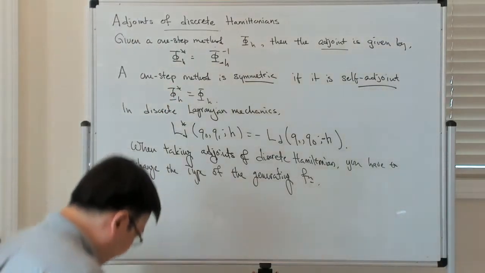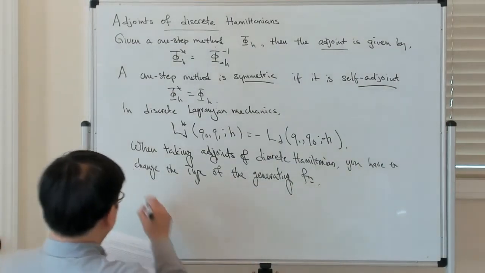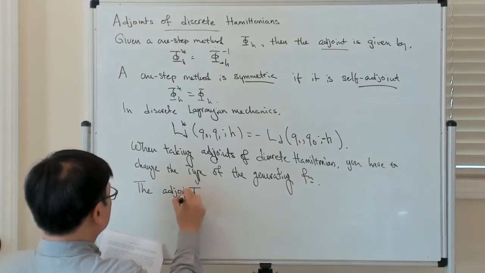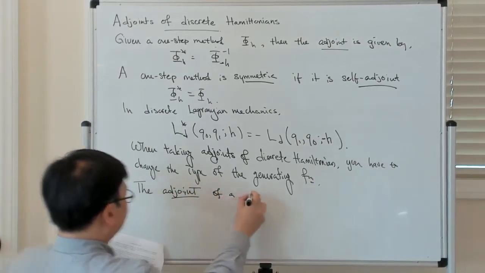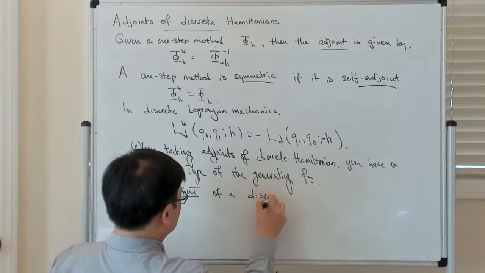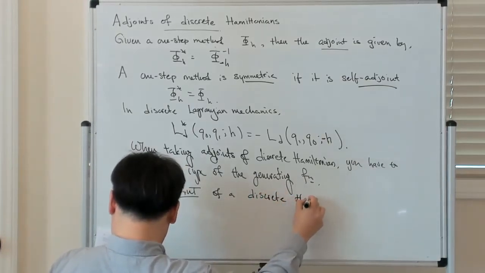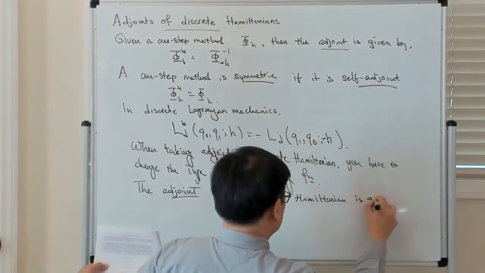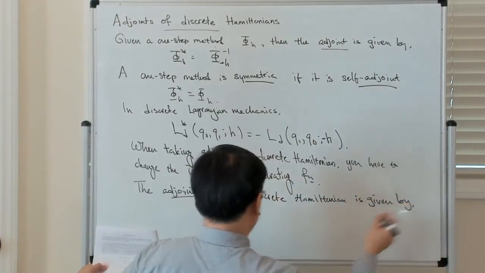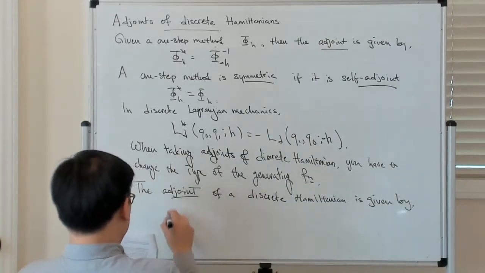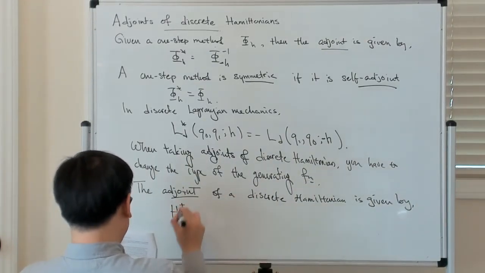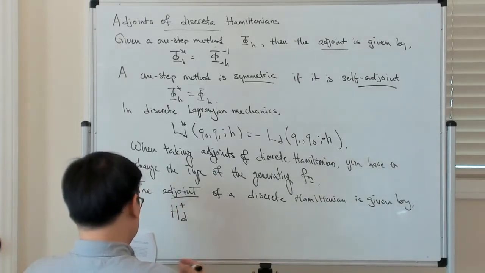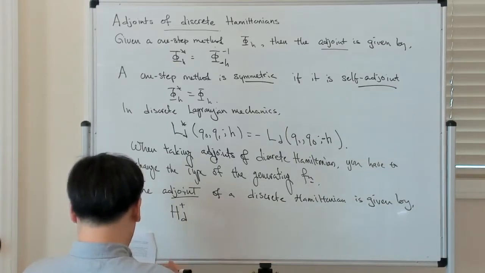So the adjoint of a discrete Hamiltonian is given by the following. I have H_D plus, which normally depends on initial position and final momentum.